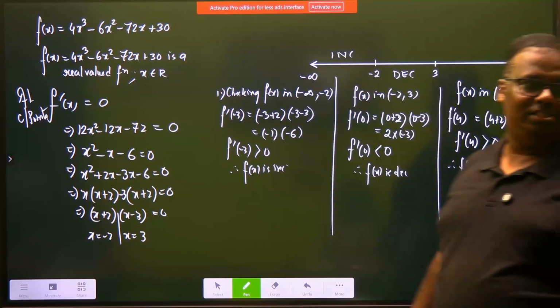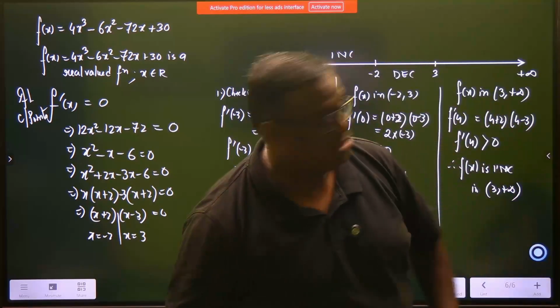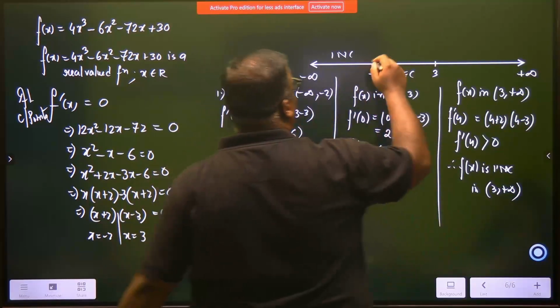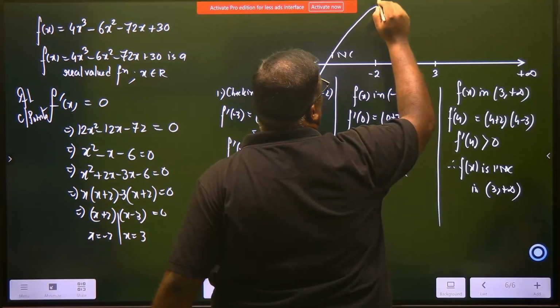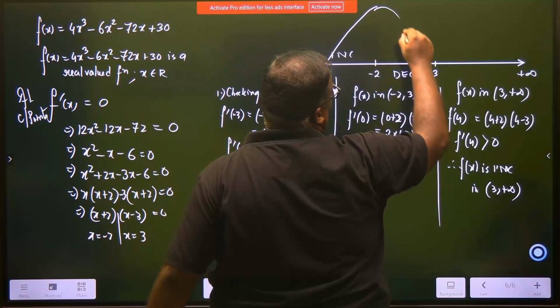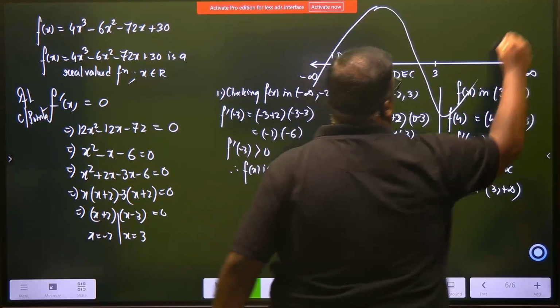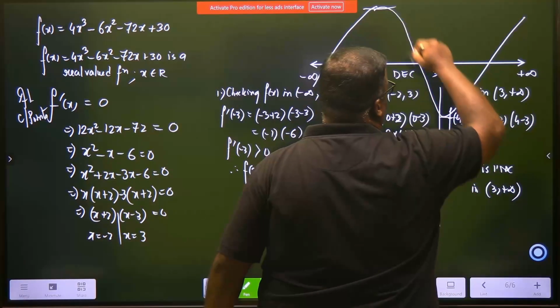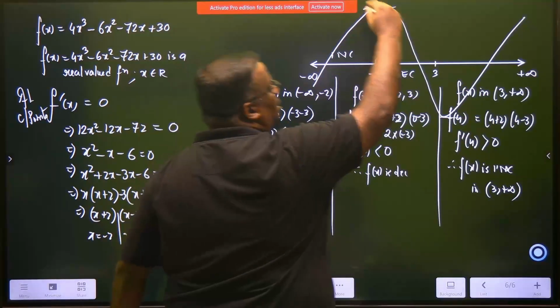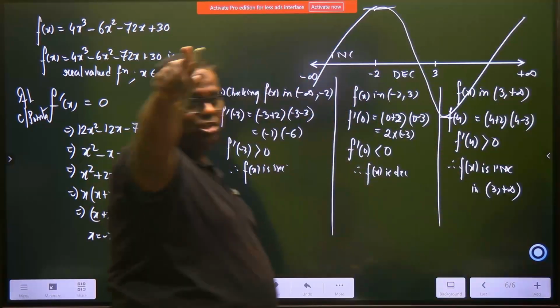So the function is something like this. At minus 2, the function has taken a turn like this. At 3 again, the function has taken a dip like this, and then it goes like this. So at 3, the slope is 0. At minus 2, the slope is 0. Function is increasing, decreasing, increasing. That's what she has plotted.